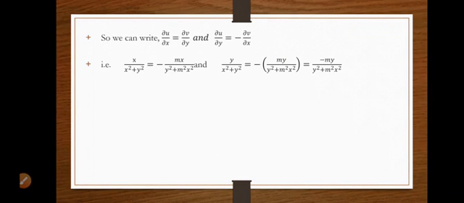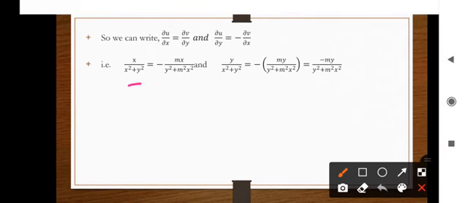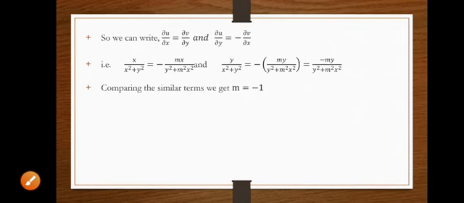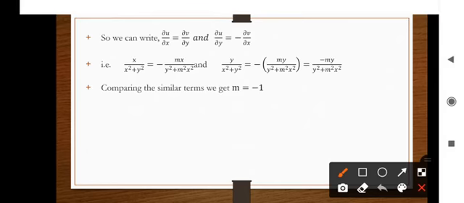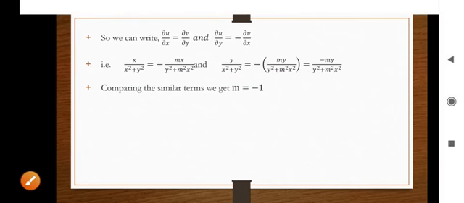Now comparing LHS and RHS in these two equations, we get the value of m as minus 1. So comparing the similar terms, we get m equal to minus 1. Either you consider this pair of ratios or this second pair of ratios, you will get the same answer, that is m equal to minus 1. Let us move to the next example.